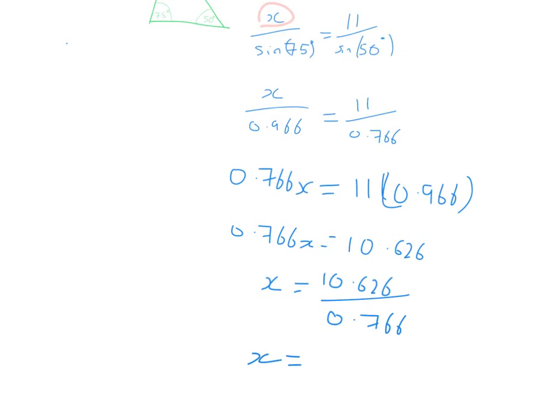On the left hand side that will cancel out and we'll just get x. On the right hand side that works out to 13.872, and it's actually a longer decimal. I'm going to leave it at 3 decimal places. But if you were given that question in an exam, you would just make sure that you check to see if it's two decimal places or 3 decimal places or the nearest centimeter.